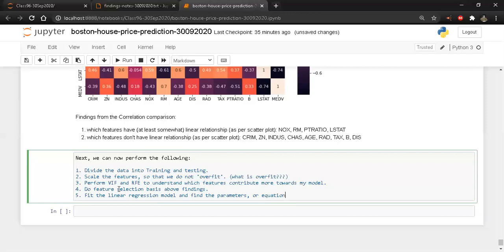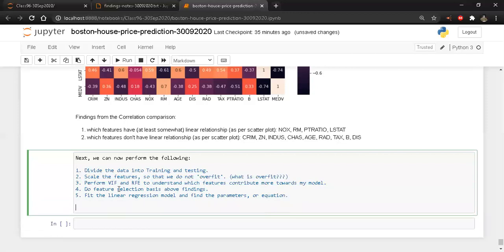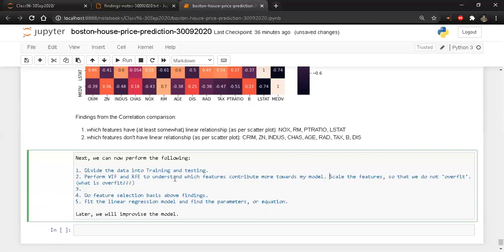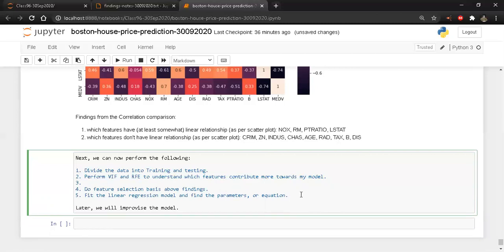Optionally, once this is done, later we will improvise the model, so don't worry. So yes, that's one thing that I forgot to do. This is not good. Let me just do it over here, and then we are going to cut and paste.